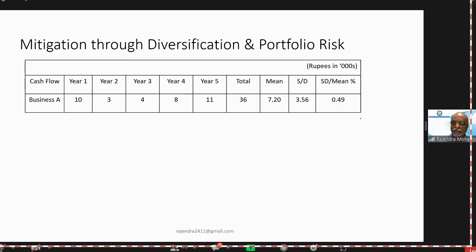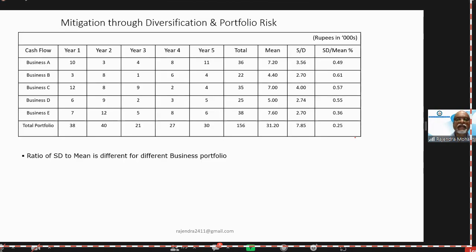Yes, sir. Okay. So now we'll see how Mr. X can reduce this risk from 49% further by diversification. Suppose he had this business A, where the risk was 49%. Now he has introduced 4 more businesses.